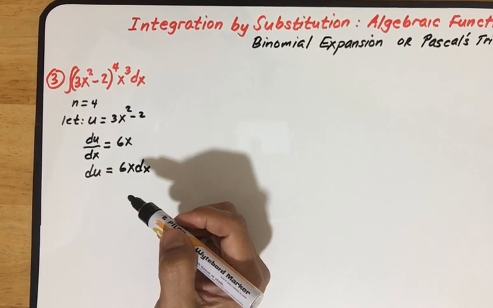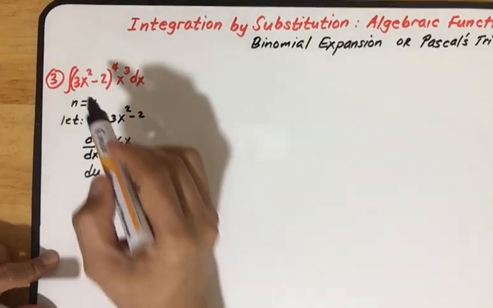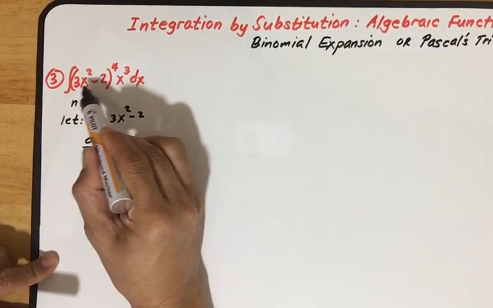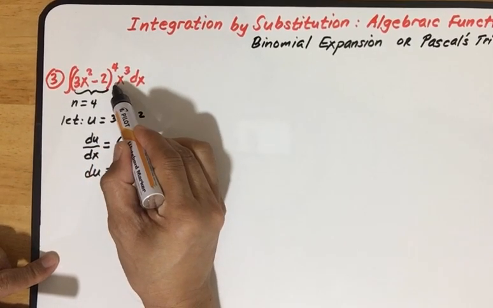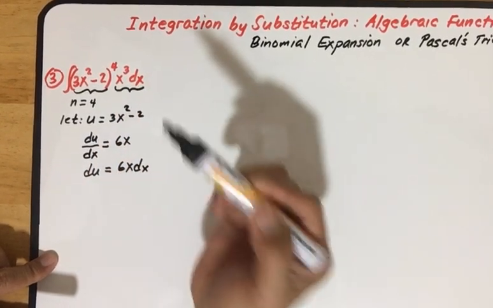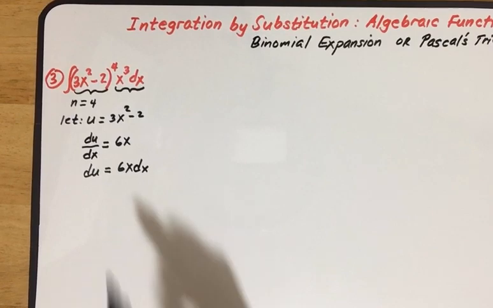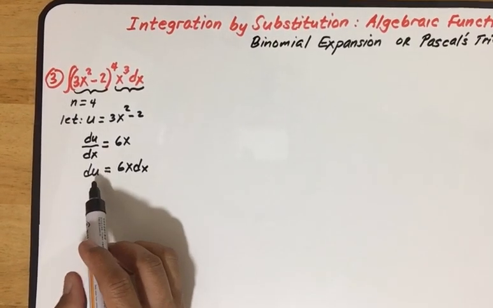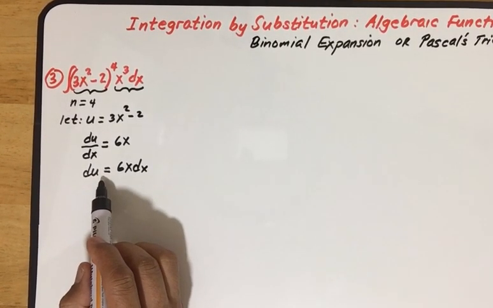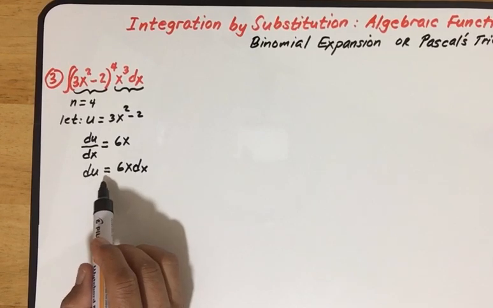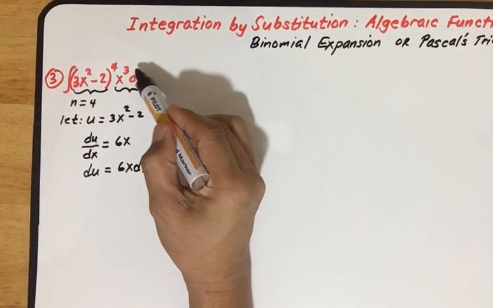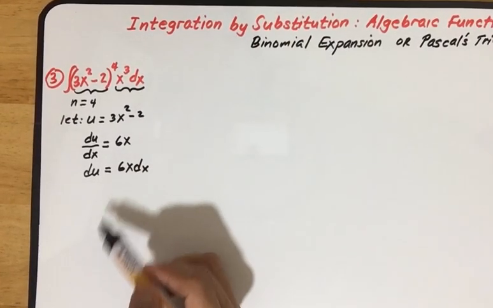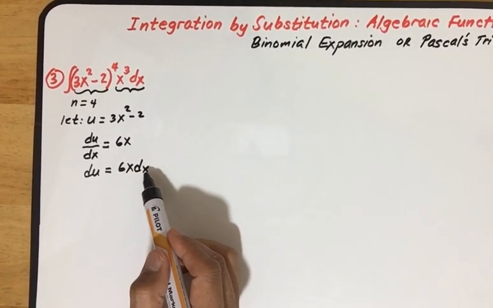So our goal now is, if we let this part here as our u, it must be our du. But if you look at the result of solving in terms of du, we cannot do that, because we can only have x dx.